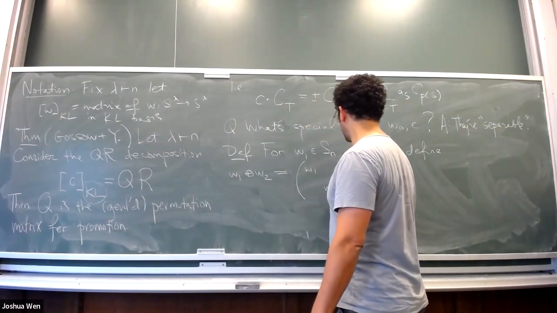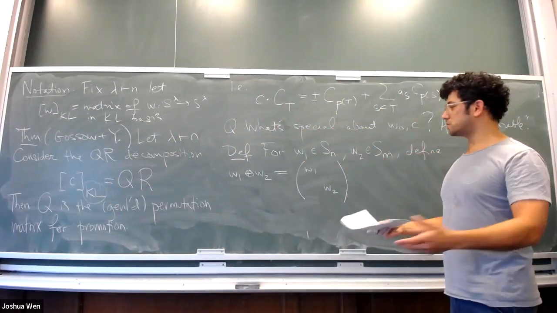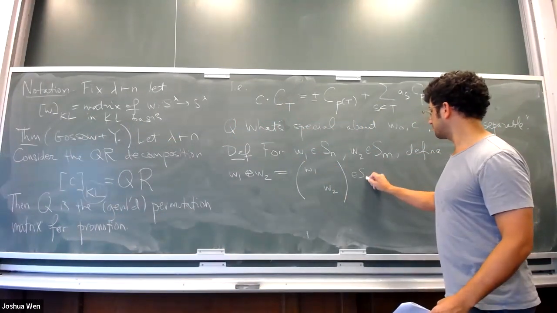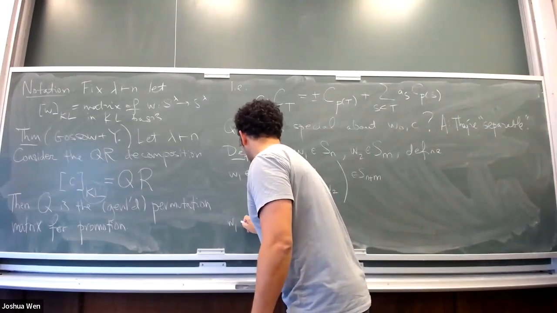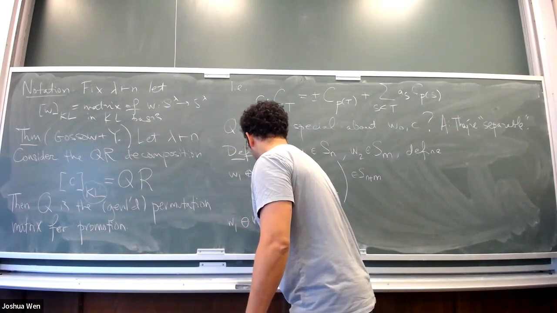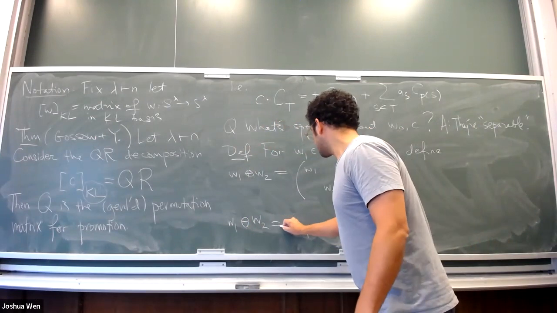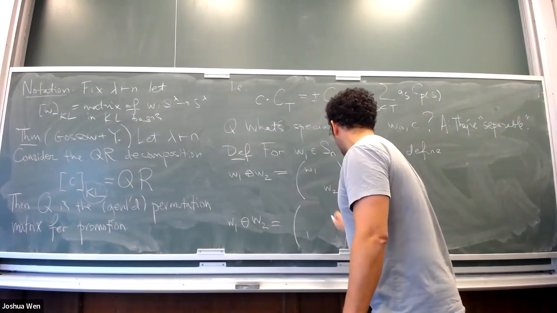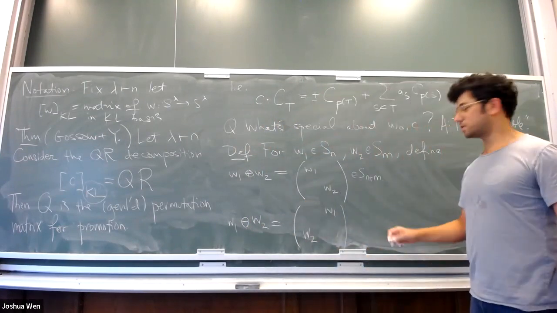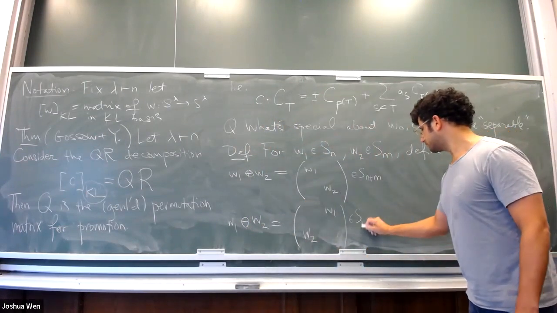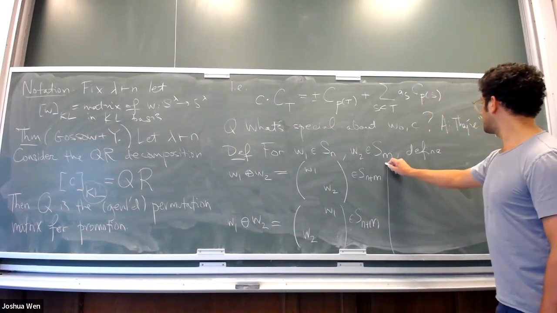I just take the direct sum of the permutation matrices for W1 and W2, and I get another permutation matrix in Sn plus n. And the other thing I can do is take the skew sum of these permutations. According to Wikipedia, this is the notation for this thing. In terms of permutation matrices, I just put these guys on a skew diagonal, giving another permutation matrix.